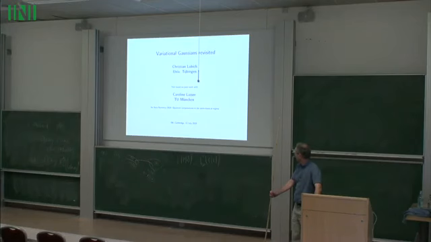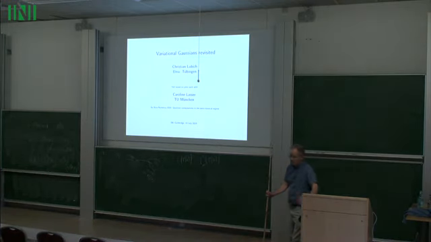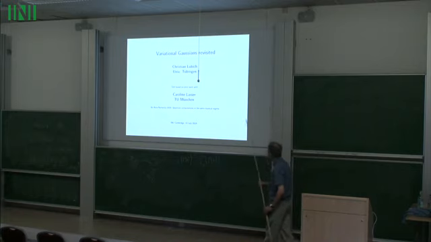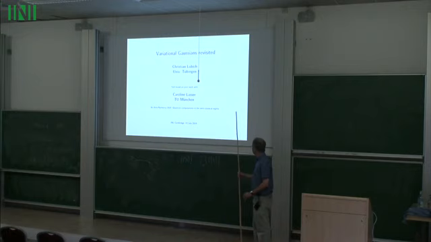Methods for the Schrödinger equation in the semiclassical regime, which describes the quantum dynamics of nuclei in a molecule, for example. And in doing so, well, we learned a lot.